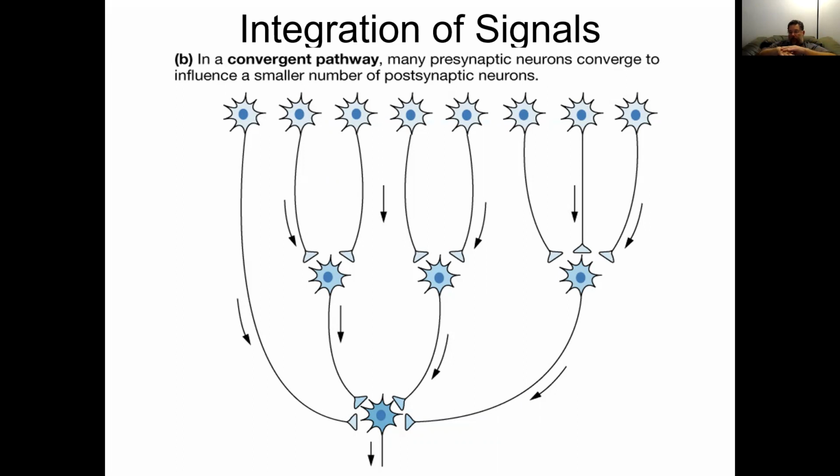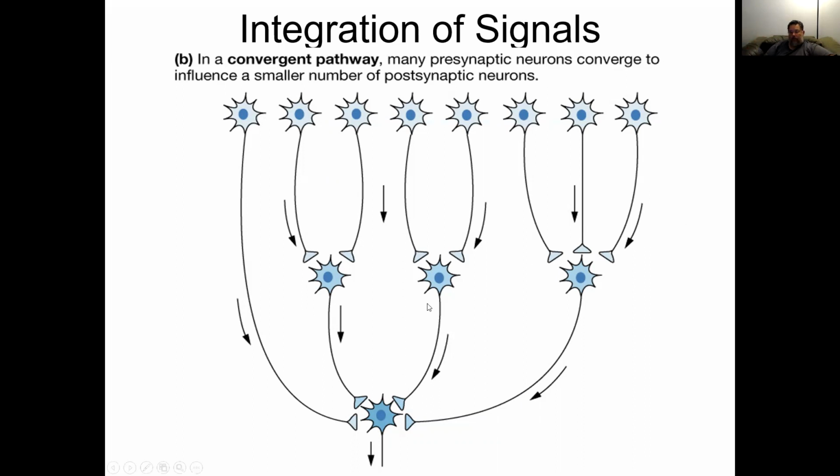Might be the surface of skin, for instance, and it's all coming down to a neuron that then will send a signal to your brain. This is one of the reasons why some areas of your body are more sensitive than others in regards to their receptive area. But there's lots of reasons for having a convergent pathway.